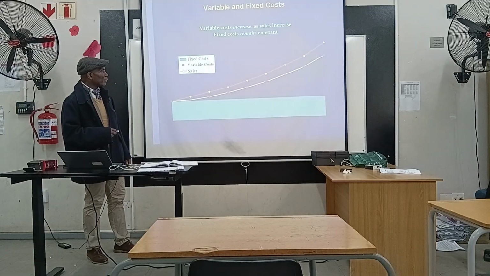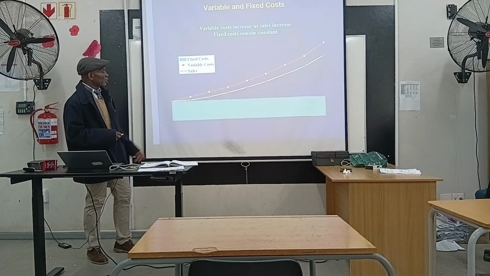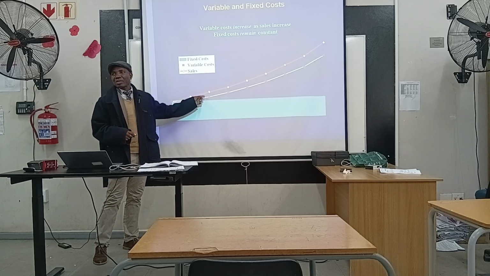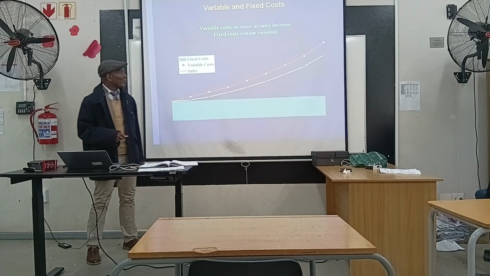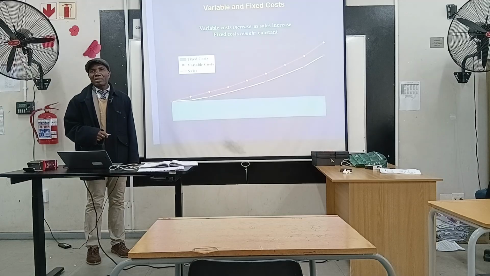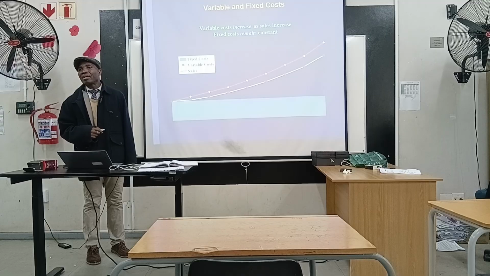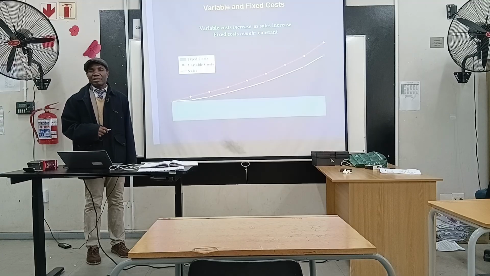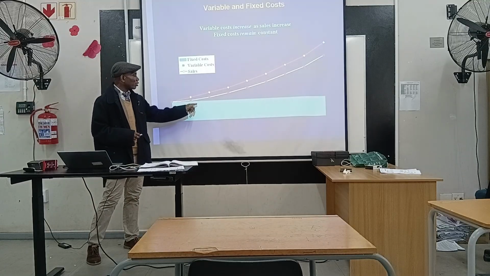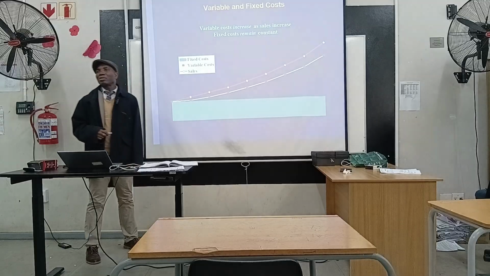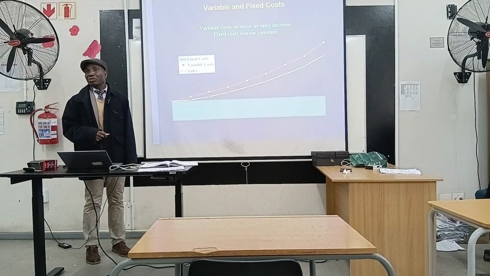Right. So when you see this graph now, you see the line of sales is higher than the variable cost, right? Which means the amount for sales must be higher than the variable cost. Right. So when you add the variable cost plus the fixed cost, it gives you the total cost. Does it make sense to you?